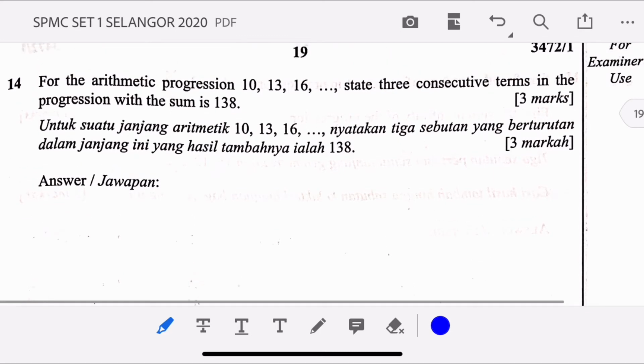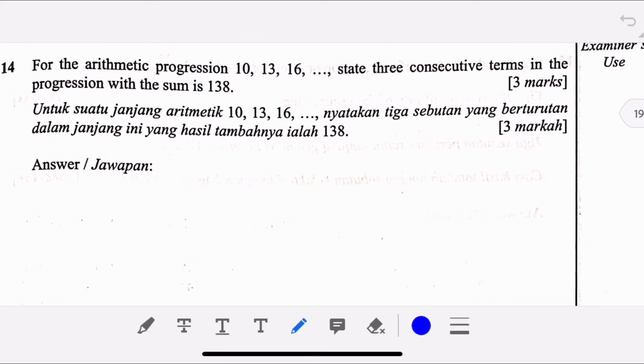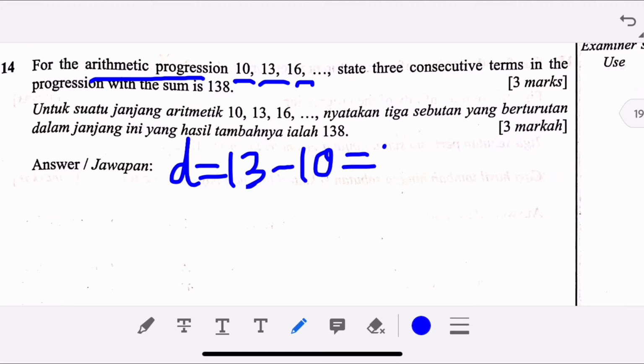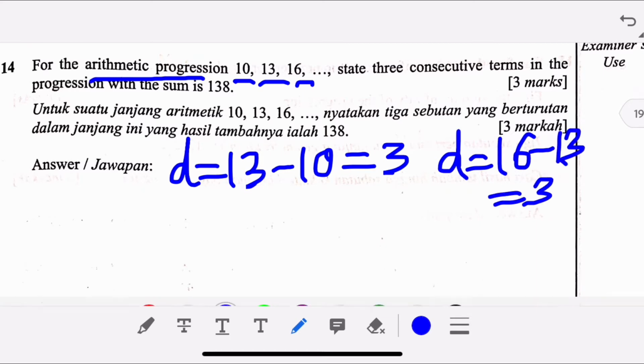Let's proceed to number 14. An arithmetic progression 10, 13, and 16. The moment you see arithmetic progression, you find the common difference, which is 3. 16 minus 13 is 3. You need to show both to show it is common. Okay, there are 3 consecutive terms which sum to 138.